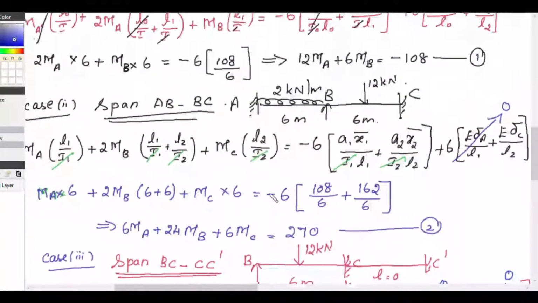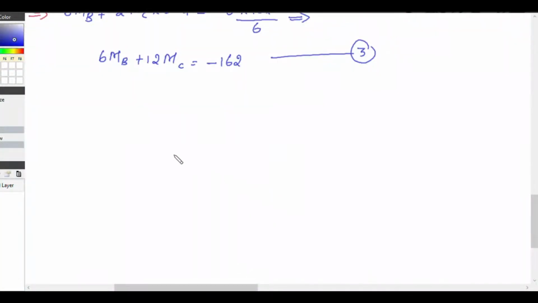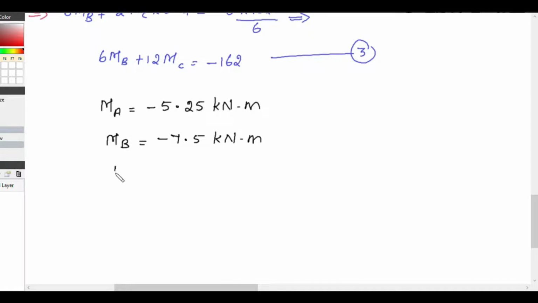Now we have got 3 equations. Solving these 3 equations, we get the value for MA is equal to minus 5.25 kilonewton meter, MB is equal to minus 7.5 kilonewton meter, and MC is equal to minus 9.75 kilonewton meter.